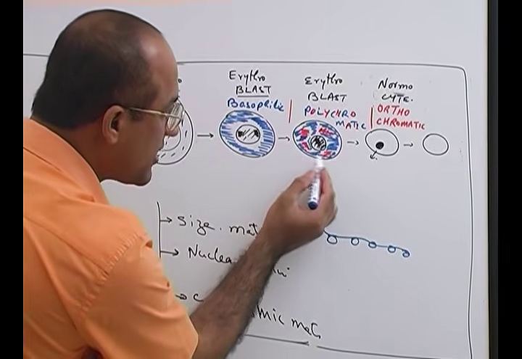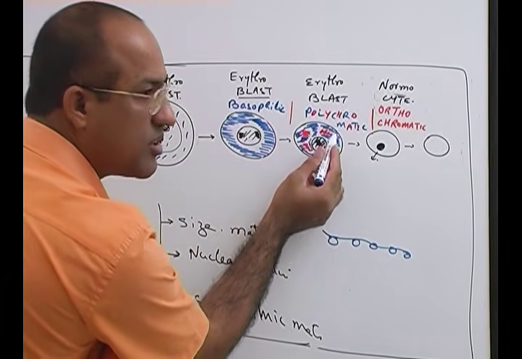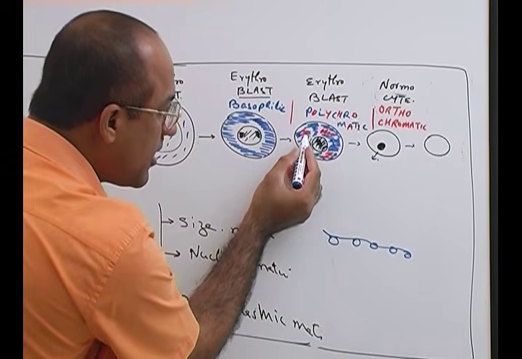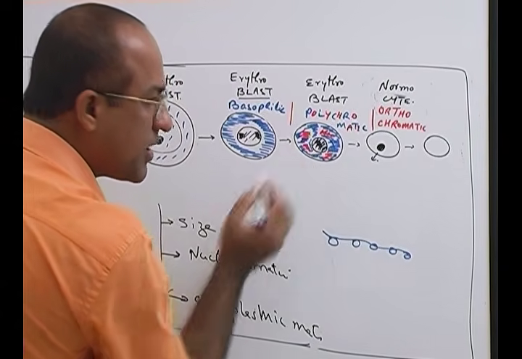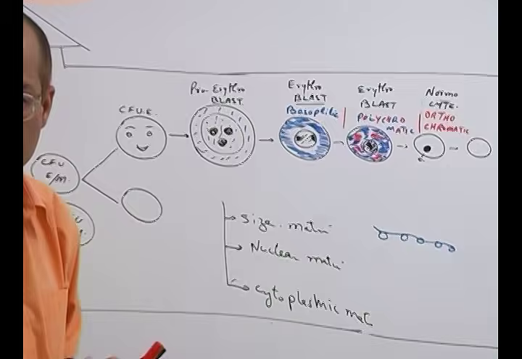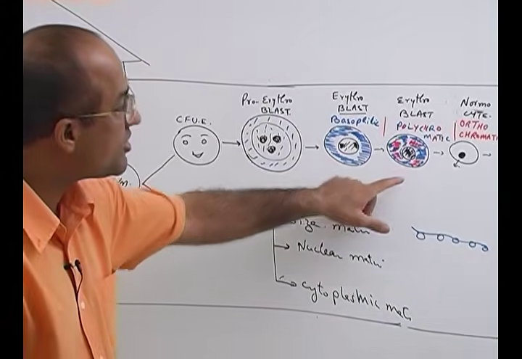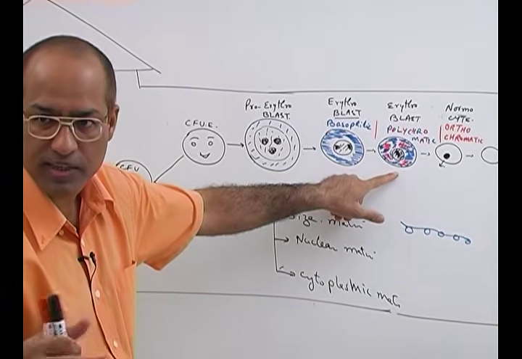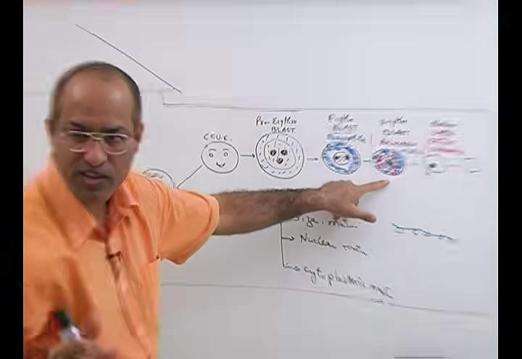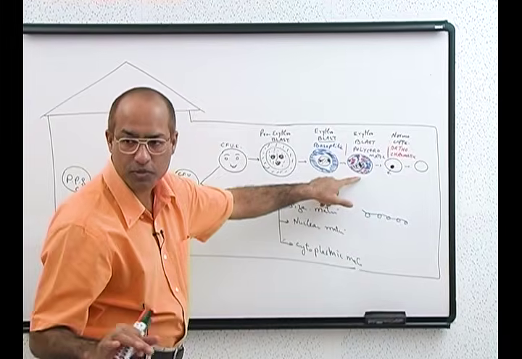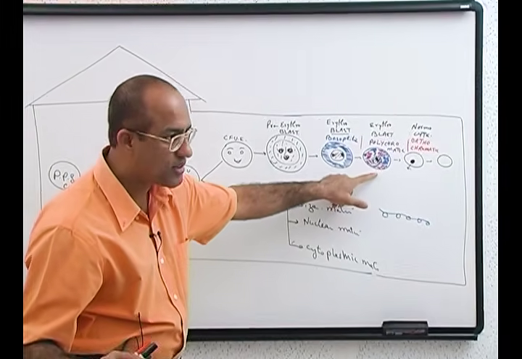So these blue colors are due to polyribosomes, and the red shade is due to the presence of abundant hemoglobin. So this type of cell will give a double shade. In some areas it will be stained bluish, in other areas the cytoplasm will be stained red.